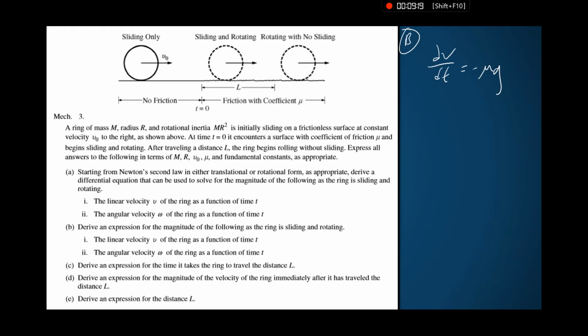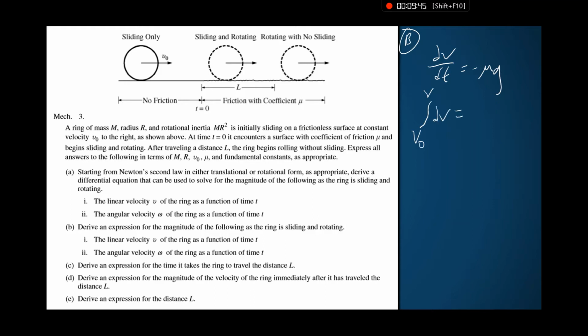We integrate it. Perfect. So this is the integral from what to what? Close. Okay, so my initial velocity to my final velocity. Because we already had speed once we started, right?